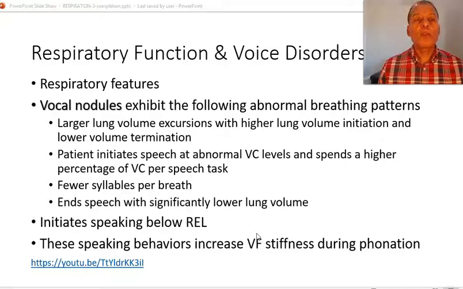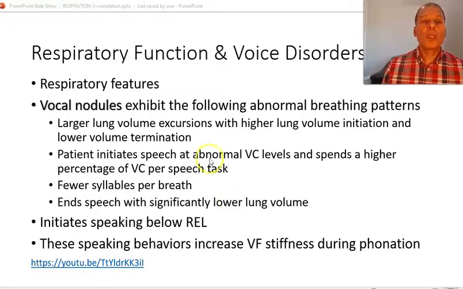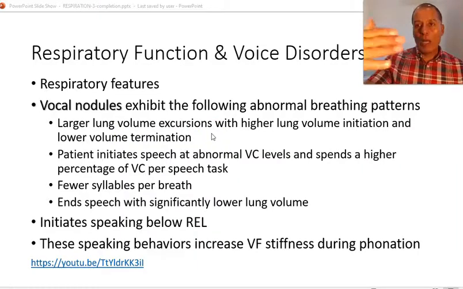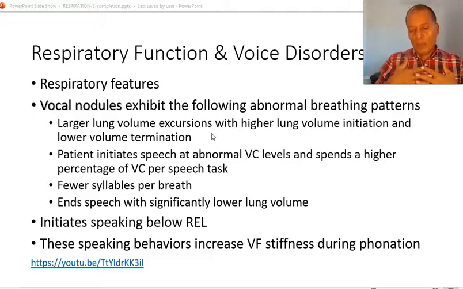In terms of the respiratory features for vocal nodules, there are several abnormalities that the patients exhibit, including larger lung volume excursions. It means that they go out and in, it involves more energy, the inhaling and exhaling.